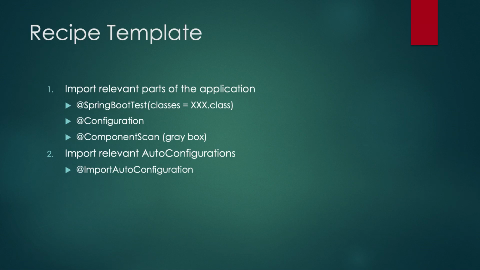And then finally, we might also look at @ComponentScan, in which we can give a string that represents a package name, and that directs Spring Test to load only that specific package of your application. The second thing we're going to do in our recipes is import only the relevant auto configurations. I'm going to give you some class names in our recipes.